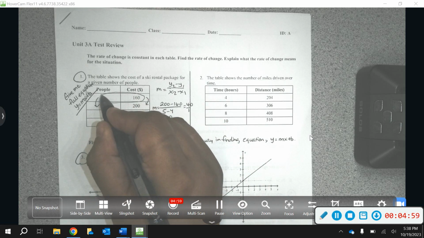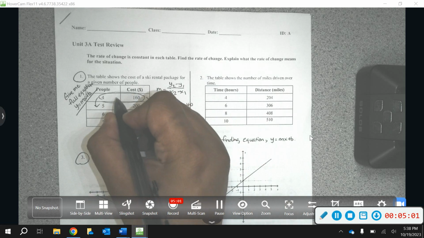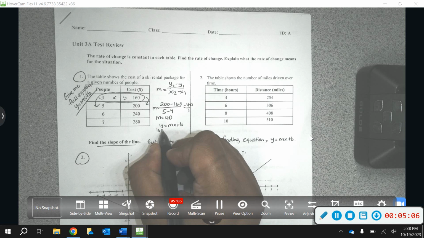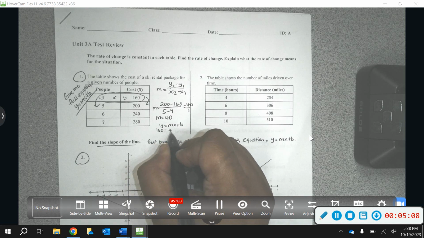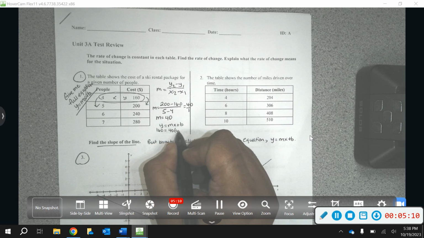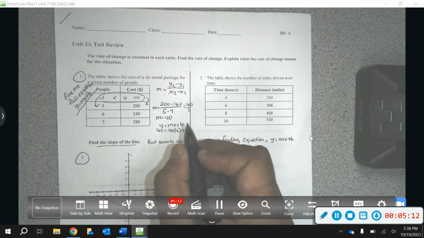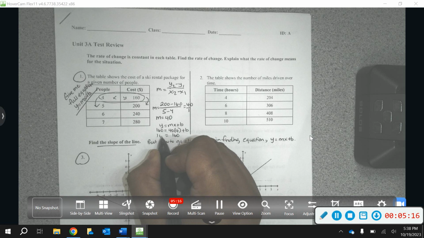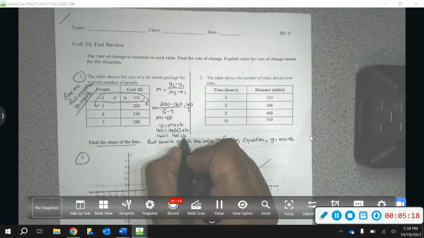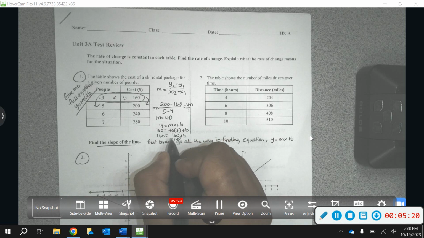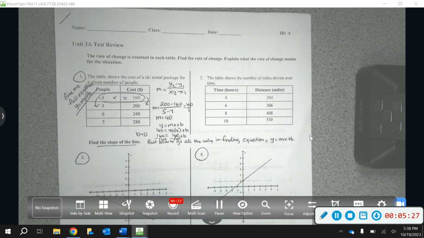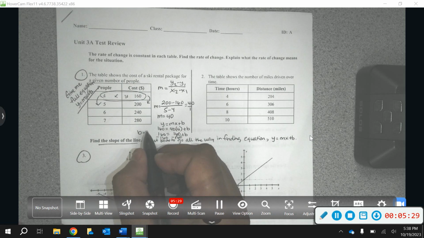I'm just going to pick the first one. All right, so this is my x and this is my y. So I'm going to have 160 equal to 40 times my x, which is 4, and then plus b. What's 40 times 4? 160. How do you get b by itself? You're going to subtract 160 from both sides. That goes away, and it just so happens that my y-intercept ends up to be 0, my origin.